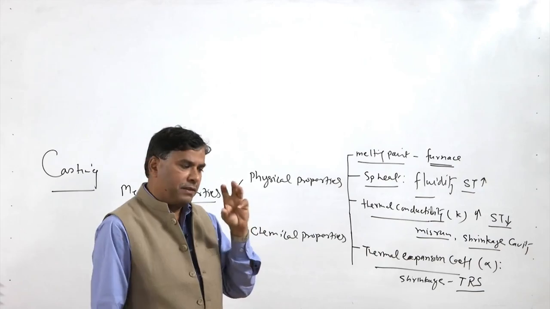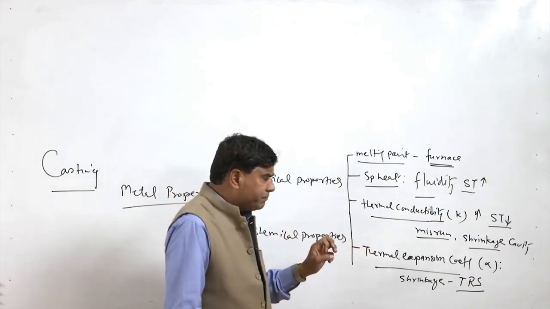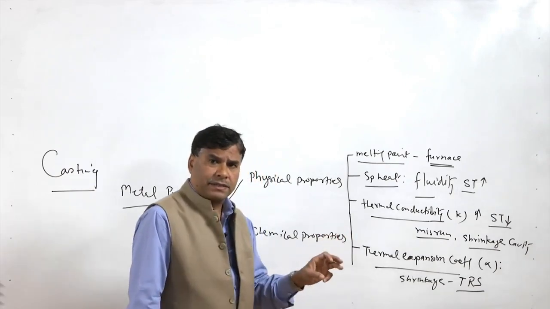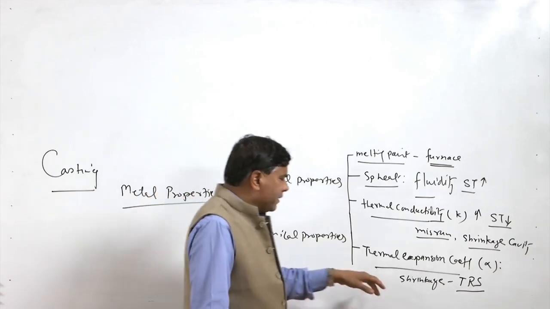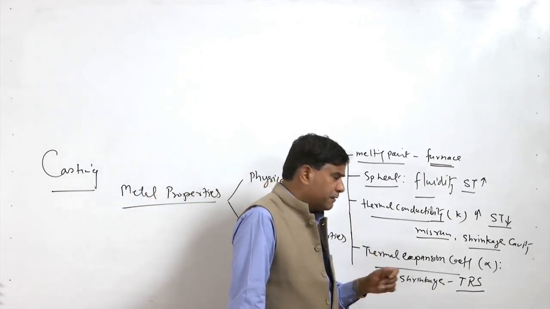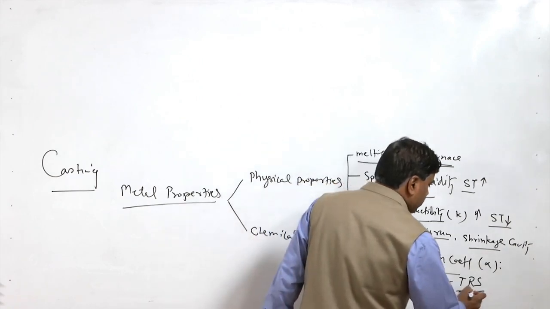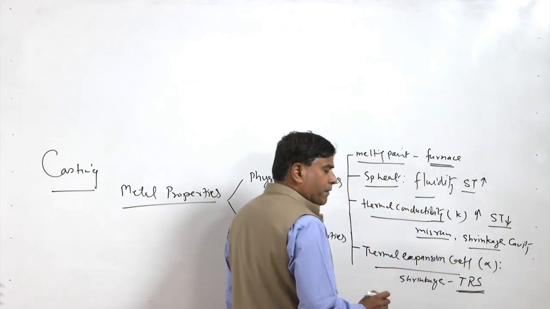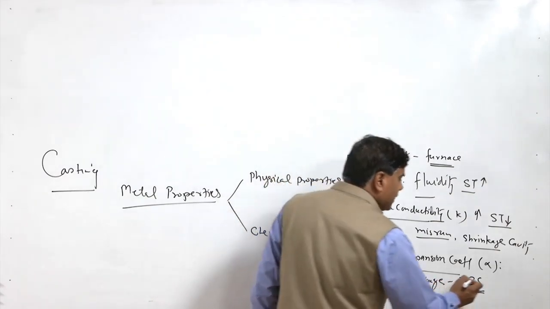If this core does not collapse, then it leads to tensile residual stresses. Or if the design of the casting is such that it resists the shrinkage, then also tensile residual stresses will take place.